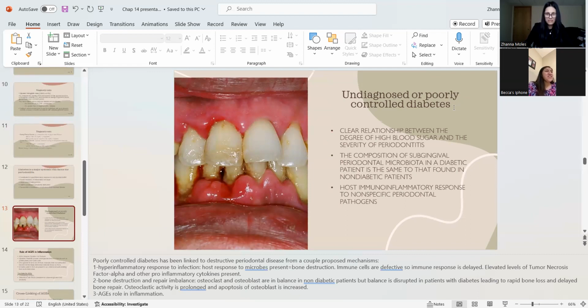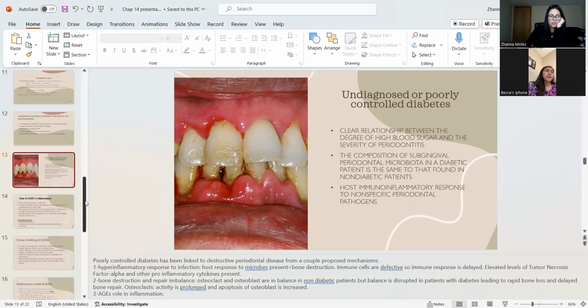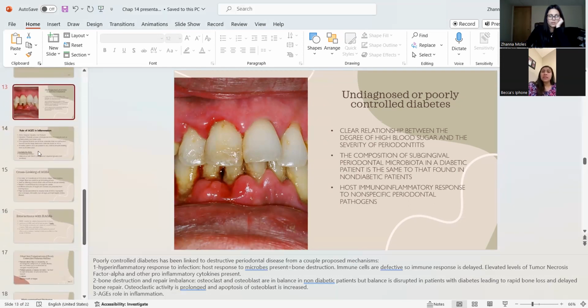Alrighty, thank you. So, with undiagnosed or poorly controlled diabetes, there has been a clear relationship established between the degree of the glycemic level, so the glucose level in a patient, and the severity of periodontitis. The higher the glucose level is, the greater the destruction of the periodontium is going to be.